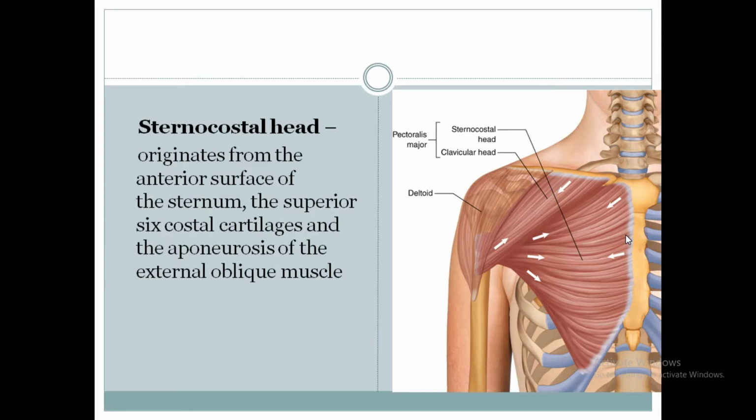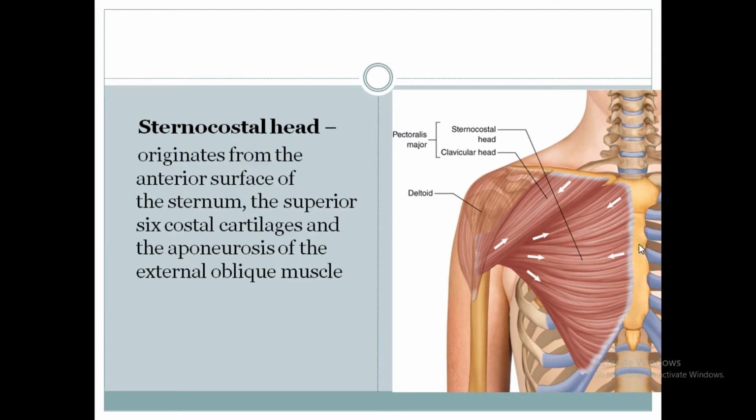Costal cartilages are basically the hyaline cartilages that help to prolong ribs forward and contribute to the elasticity of the walls of the thorax. Then what is aponeurosis? Aponeurosis is a type of deep fascia. Their primary function is to join the muscle and the body parts they act upon.